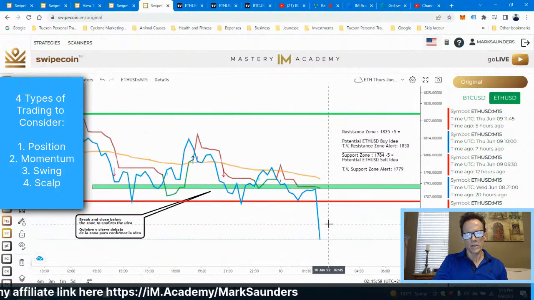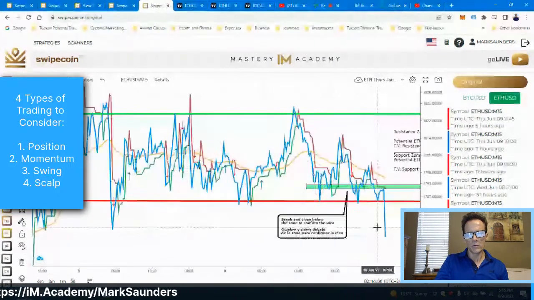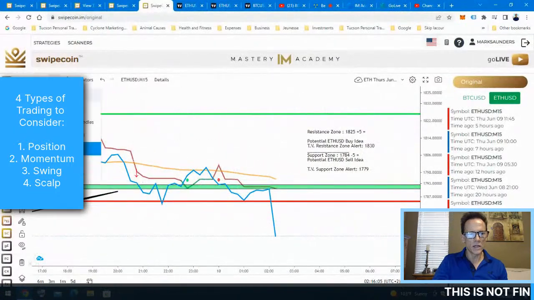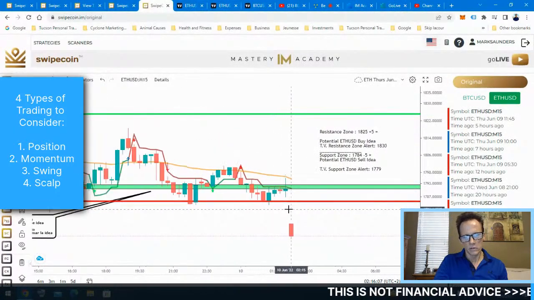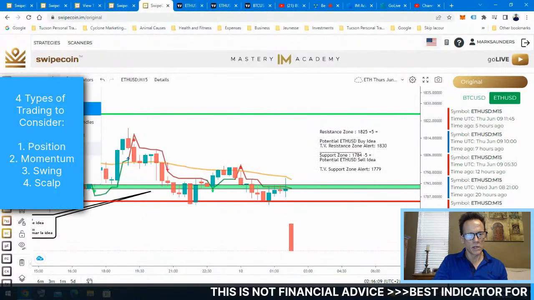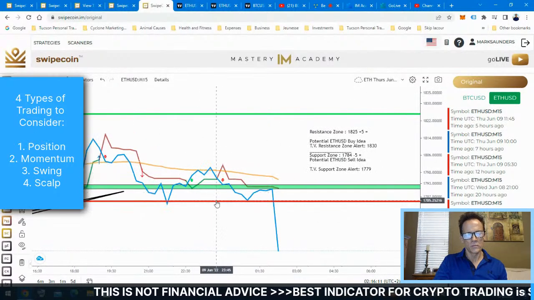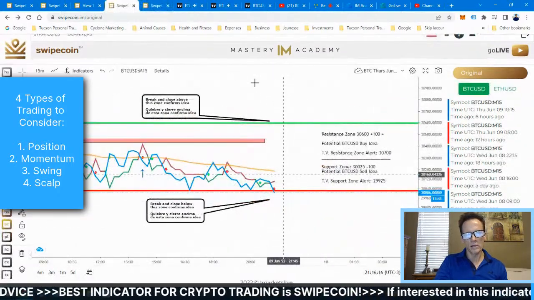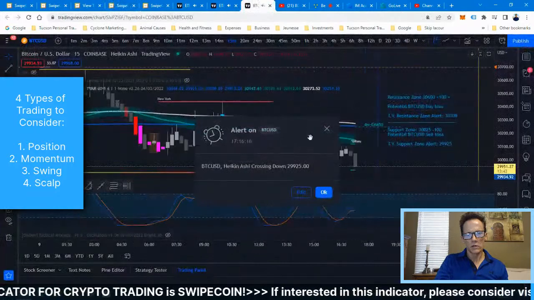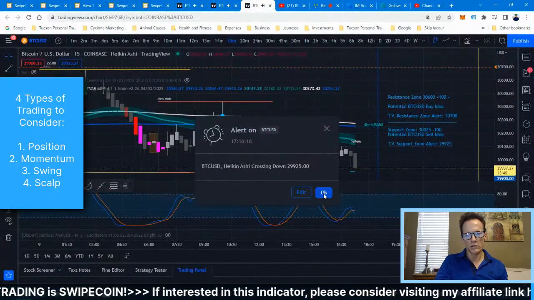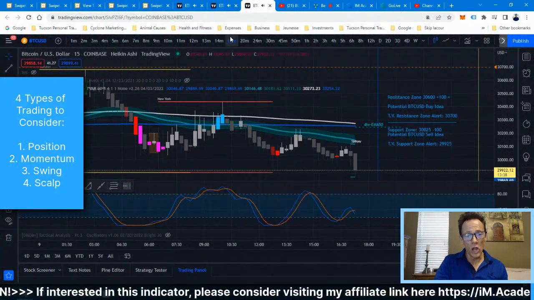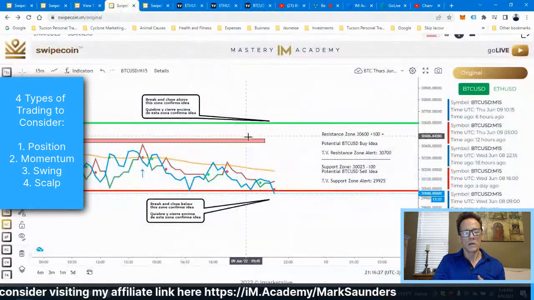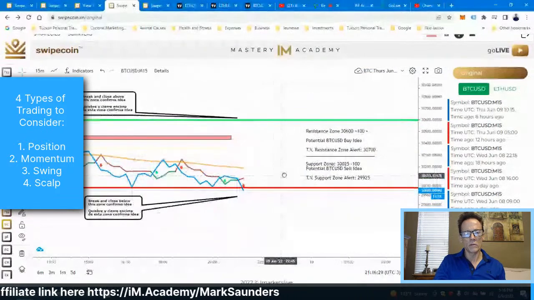Look at that break though. Sometimes they break, but you want a break and close. They are playing with it right now. Bitcoin is breaking down. Will it break and close? That's the thing. You've heard of being faked out, right? We don't want to be faked out.